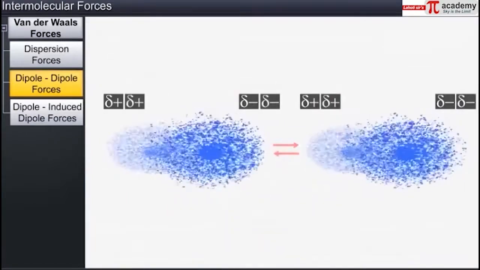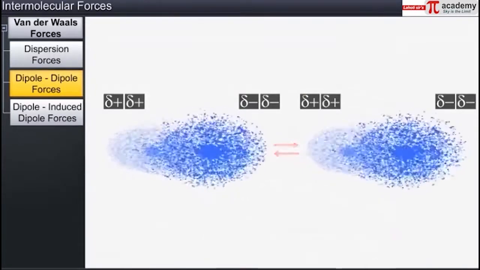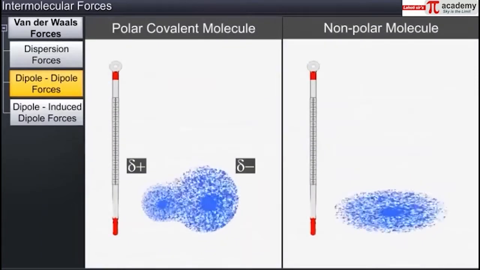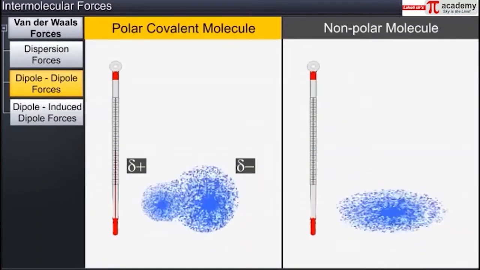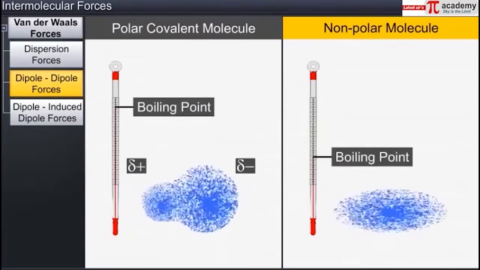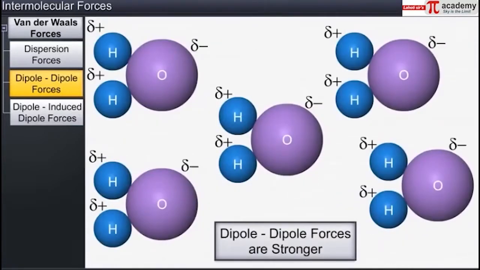The more polar the molecule, the greater is the strength of its dipole-dipole interaction. Due to this, the boiling point of polar covalent compounds is relatively higher than that of non-polar covalent compounds. Dipole-dipole forces are stronger compared to the other London forces.